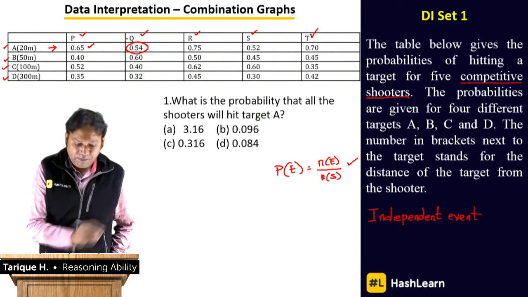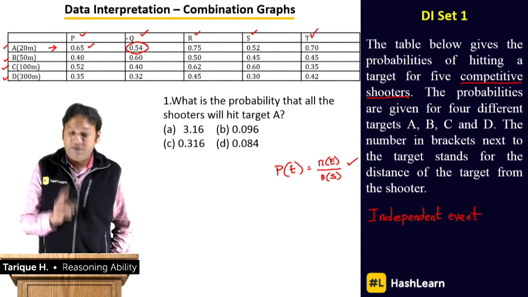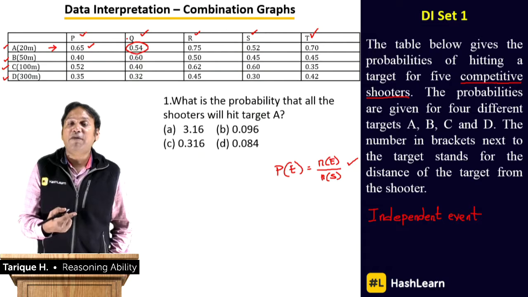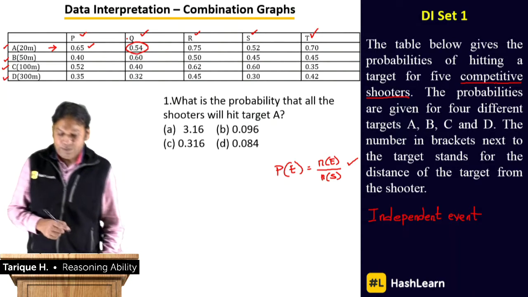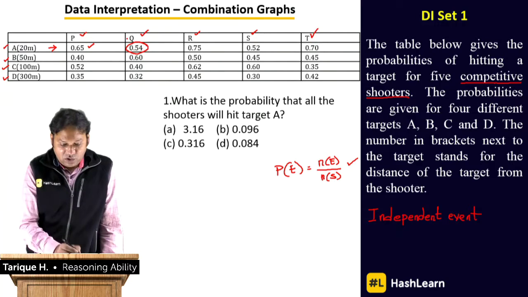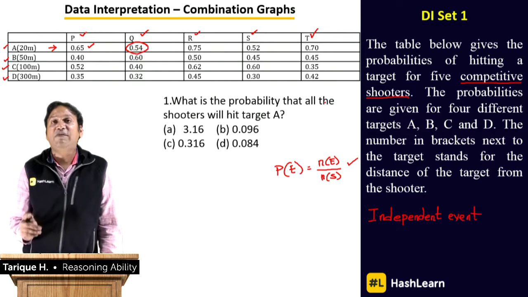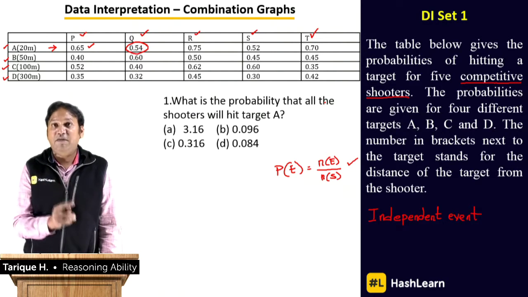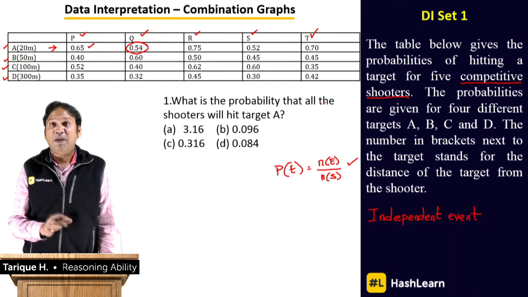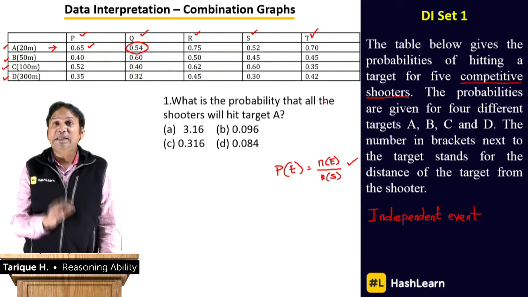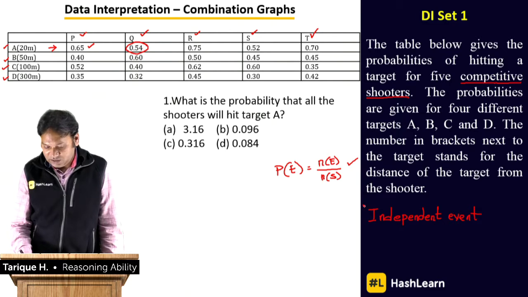So everything here is an event. Let's say for example, Q hitting target A is an event, and the probability for that particular event is 0.54. So you can see here we have a total of 5 into 4, 20 different events, because there are 5 shooters and 4 targets. Each event is independent of the other.